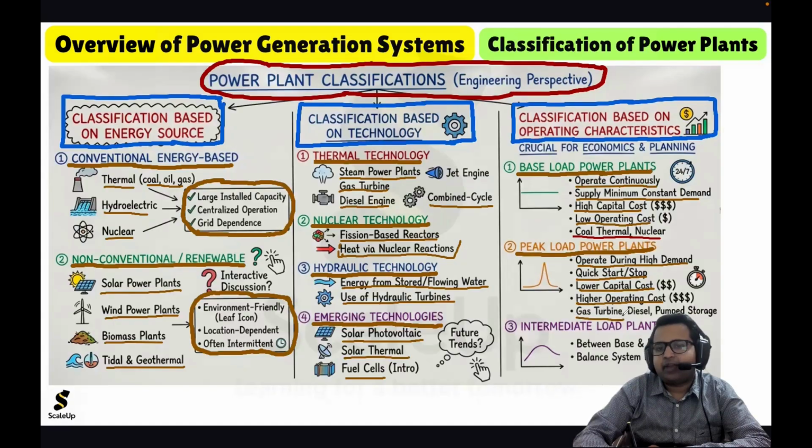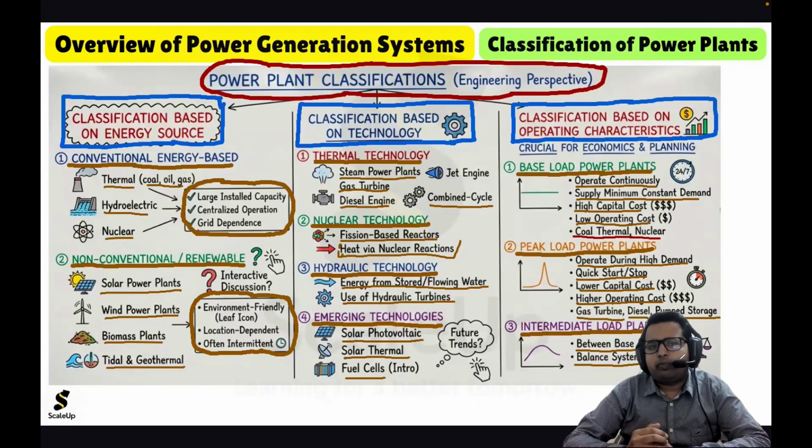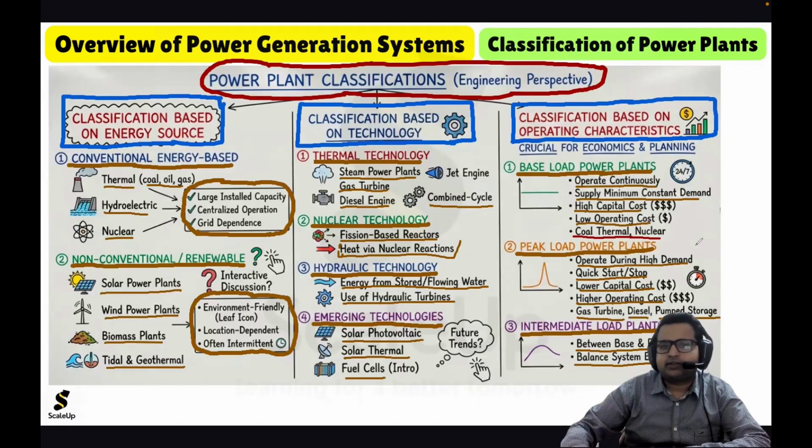Examples are gas turbine power plants, diesel power plants, and pumped storage power plants. Then we also have intermediate load plants. These power plants operate between base and peak and they balance system economics. So this was the power plant classification from an engineering perspective.